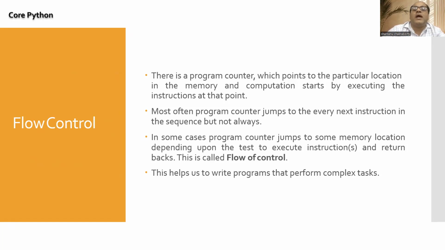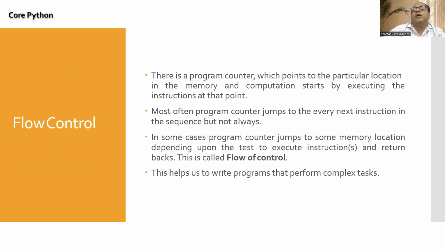It helps us to write programs that can perform very complex tasks. So it is very important that we know how the flow control mechanism plays a very important role in a programming language. Flow control is also very important because we have a lot of looping and branching statements that we use in the Python programming language.